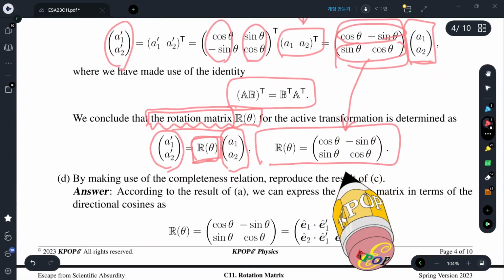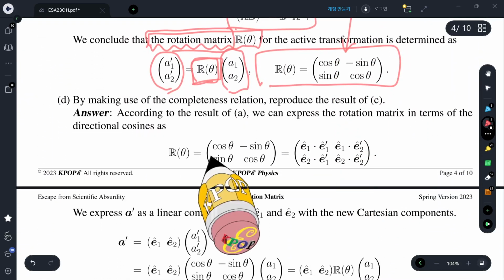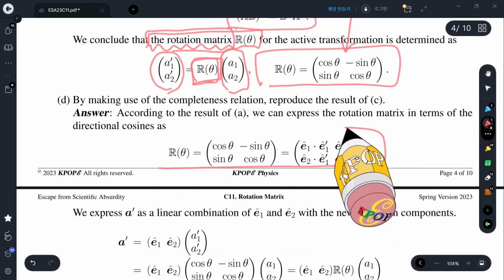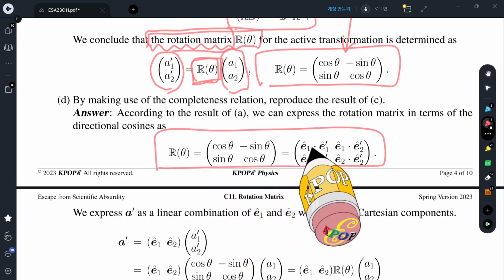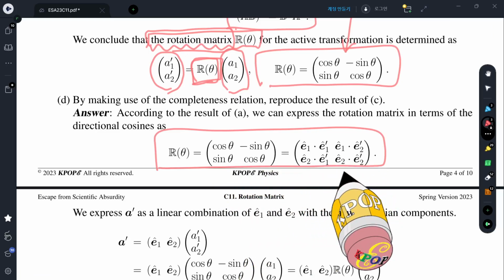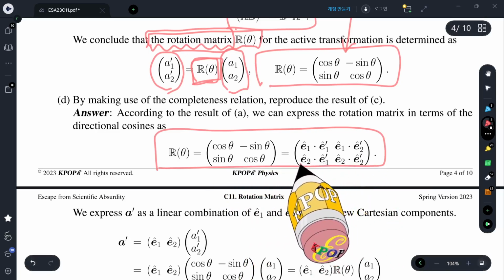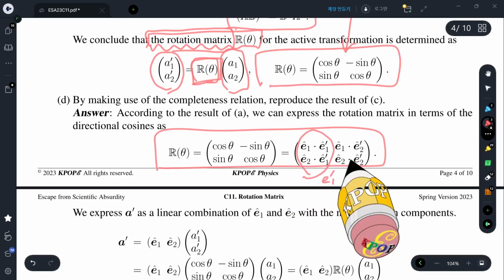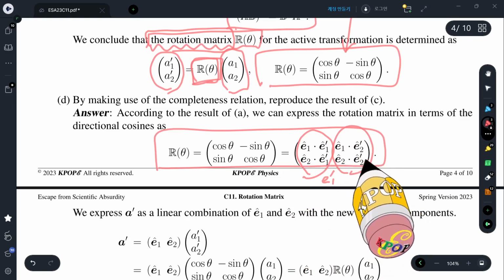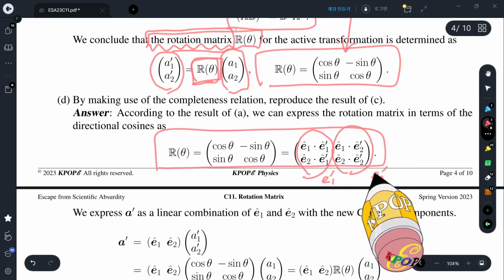So we make use of that to find that these are actually the directional cosines. You find the first column is related to E1 prime, and the second column is related to E2 prime.